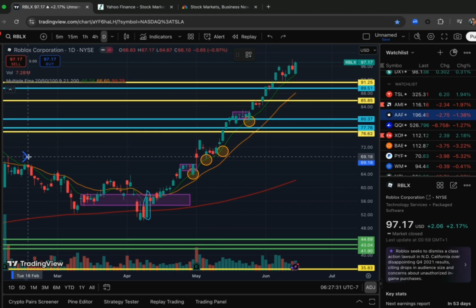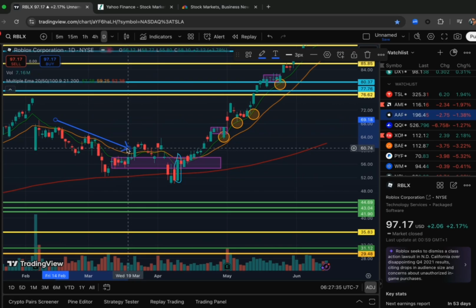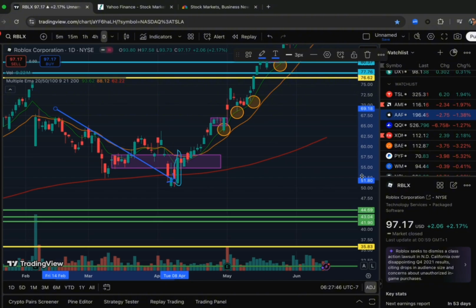Here, you see the trend was going down, from February 13th all the way to April 8th, April 9th. And then this strong green bar comes out of nowhere pretty much. Now, here you saw the price was above the moving averages, the 9, 21, and the 200. Great, that's bullish.